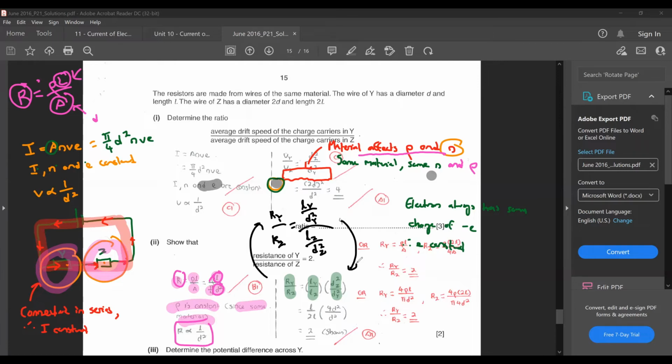From there, it's just a simple substitution. The question already mentioned that Ly is L, Lz is 2L, and dz is 2d, squared. Then dy was just d. You square it. Eventually, you get the answer as 2. So this is one way of doing this using ratio.